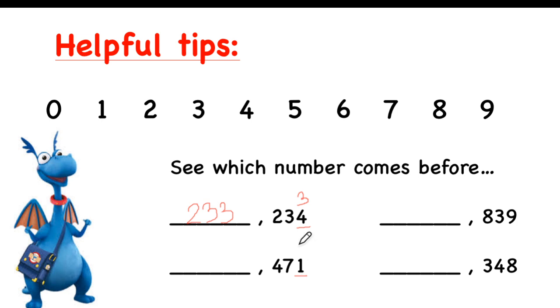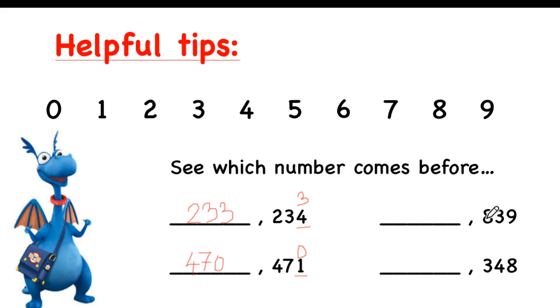It will be 0. So you will change the number 1 to 0 and you have the answer. Which number comes before 471? It is 470.